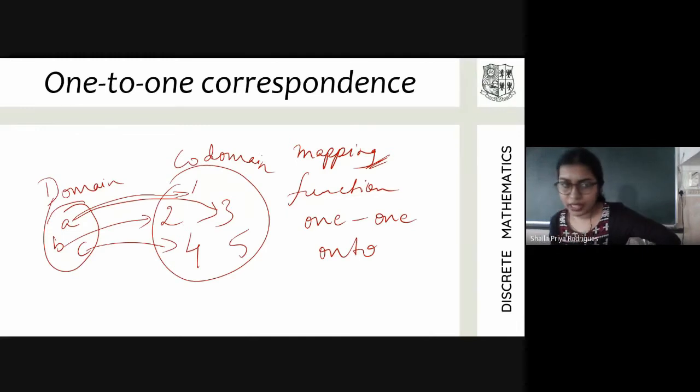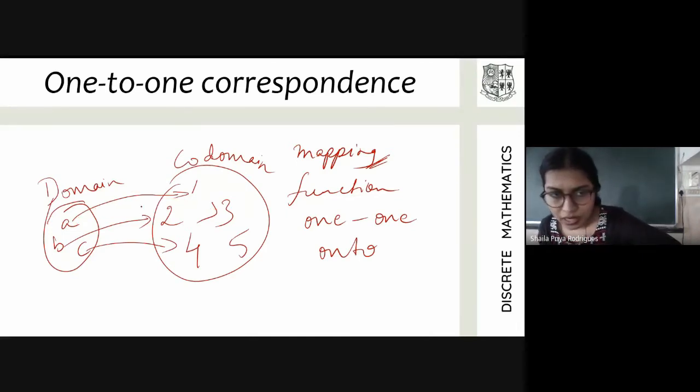Whereas this can be done, two elements in the first set can be mapped to one single element in the second set. That is allowed. But once I map B to 1 there, B cannot be mapped to 2. Okay, if B is mapped to two different elements in the second set, then it's not a function again.